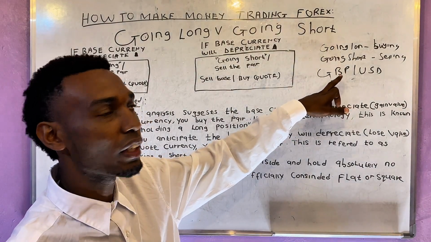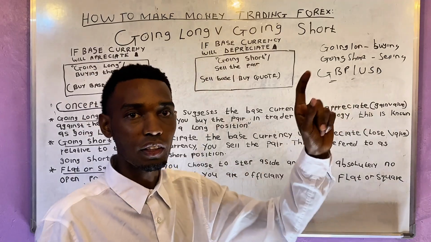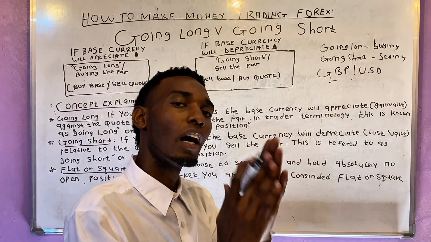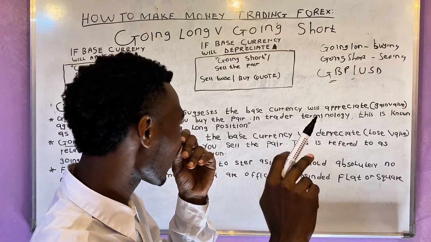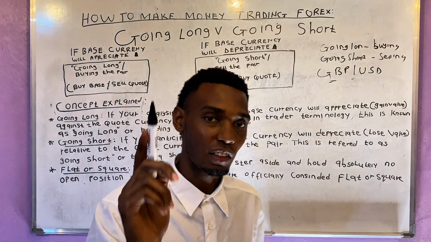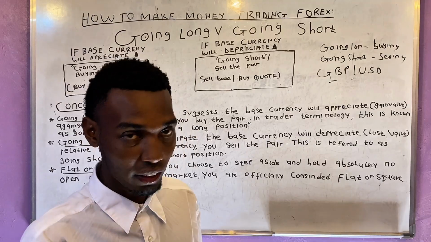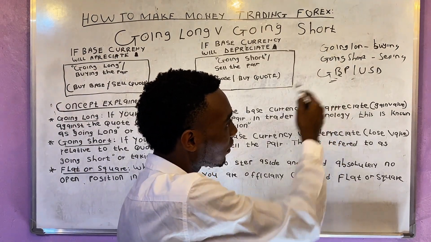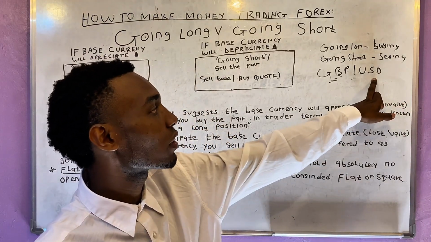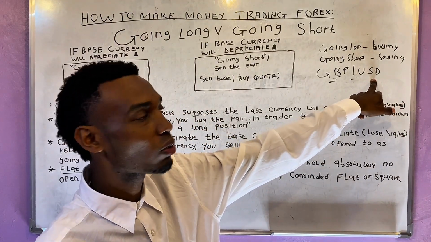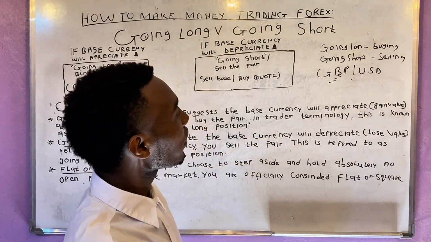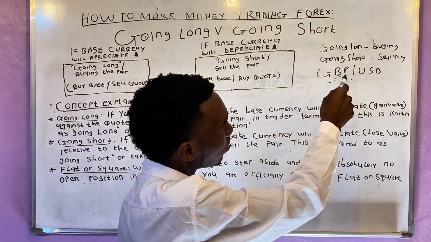Now, going long means, let's say this pound has a capability of rising. The rate of rising is high. This pound, meaning the price here will be high. You're going to get a lot of profit because this price is going to rise.